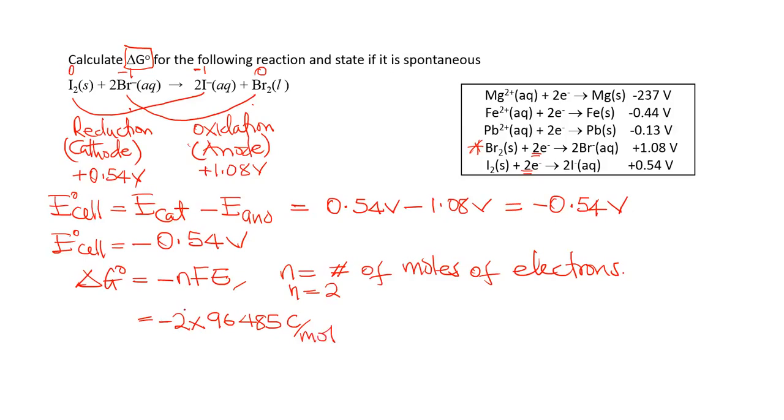So this is minus 2 mole, then times the voltage here, which is minus 0.54 joules per coulomb. We know that the voltage is given by joule per coulomb because it's energy per charge.